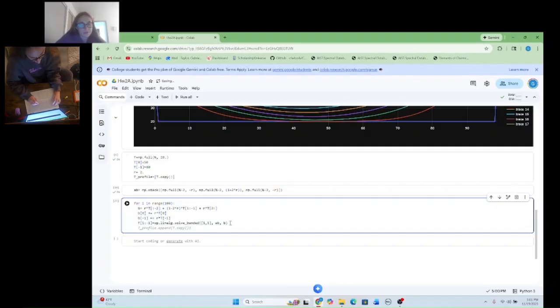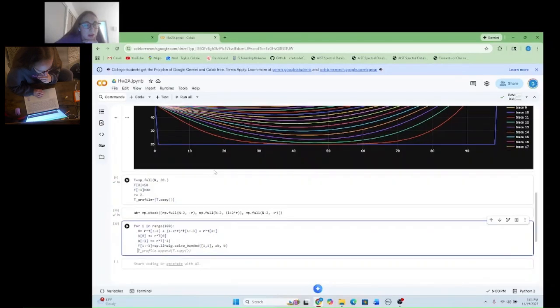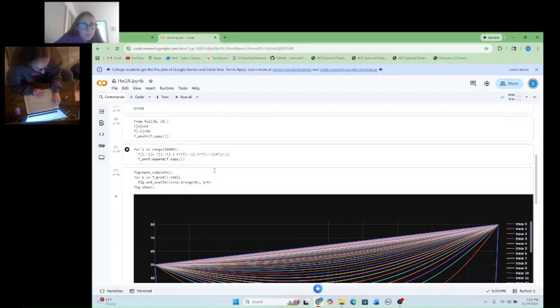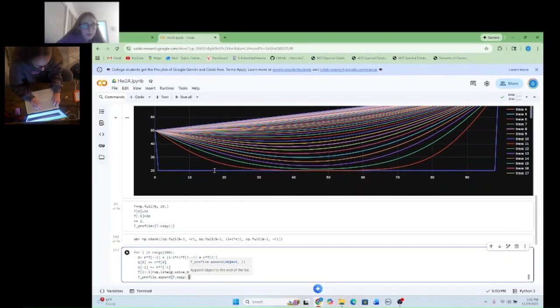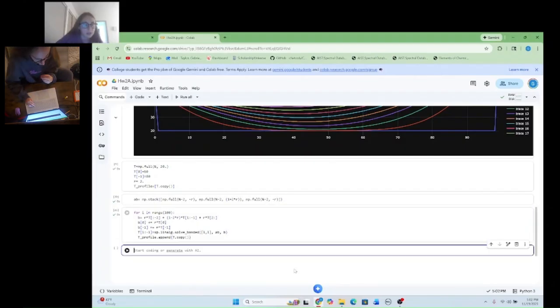So what we did up here, tProfile.append, T.copy, right? T dot copy. Okay. So that should copy it. So this is going to keep our different temperature profiles, right? So this should be good.